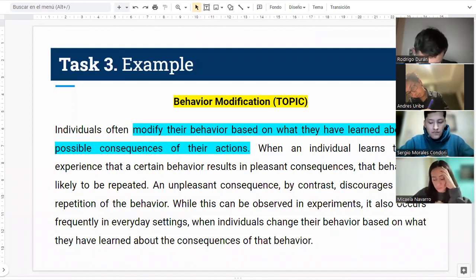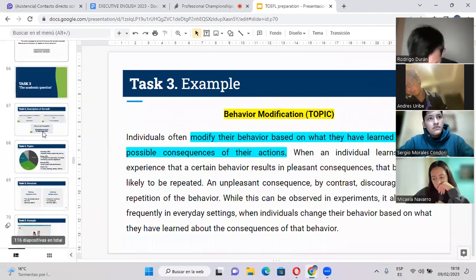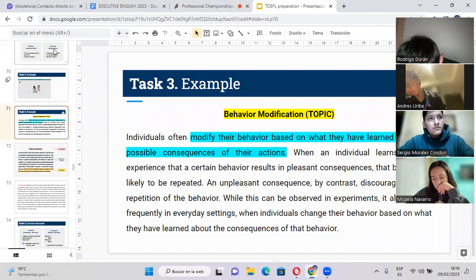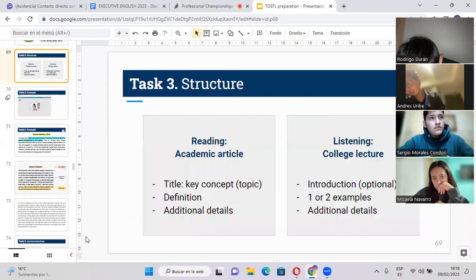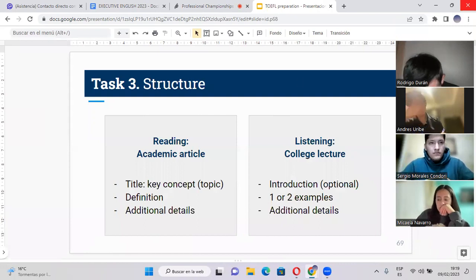So the professor is just going to continue talking about behavior modification. But what exactly will you have? You will have always the same thing. Let me show you. In the listening, you will always have real life examples of the concept that you read about, okay?